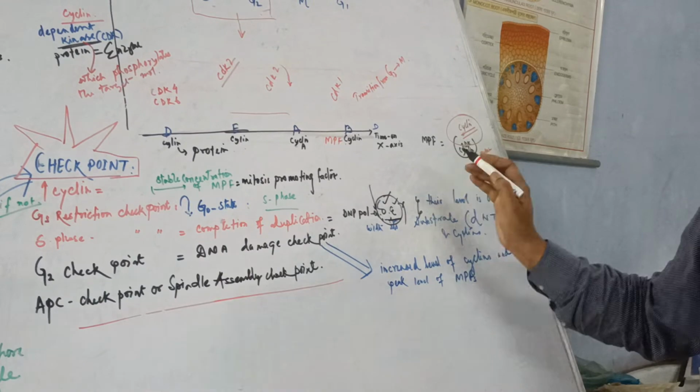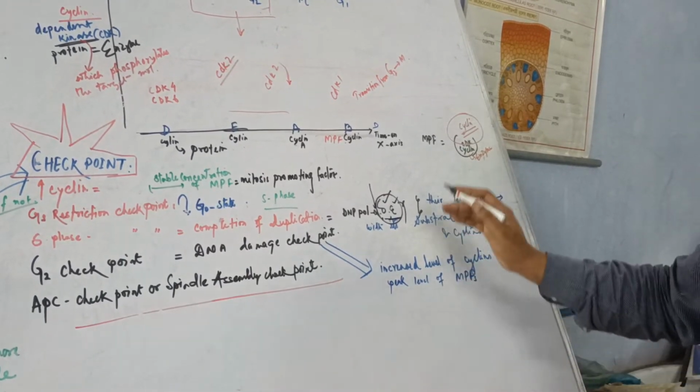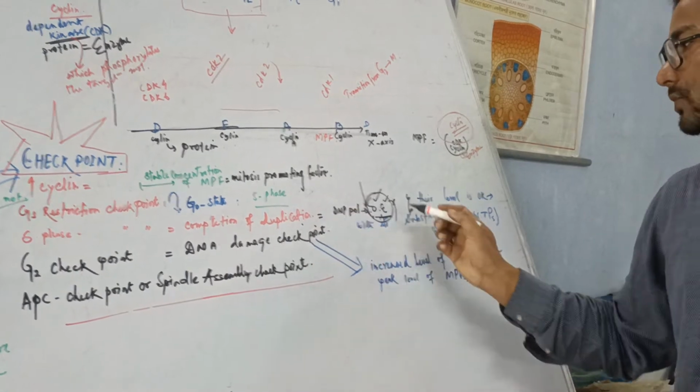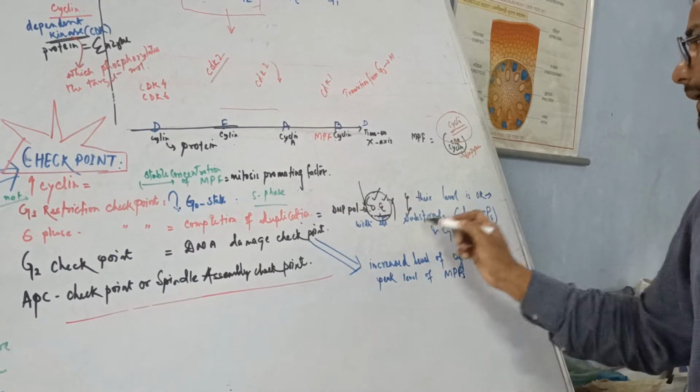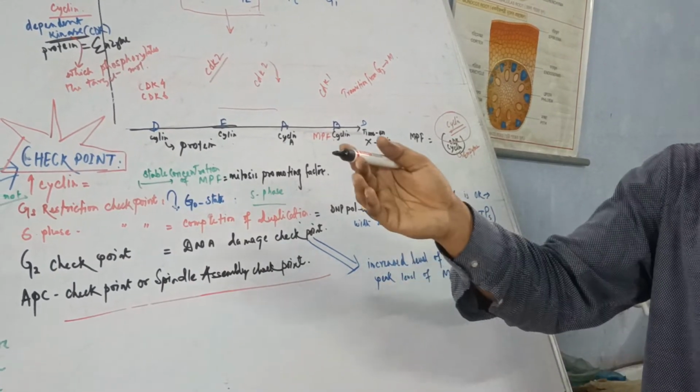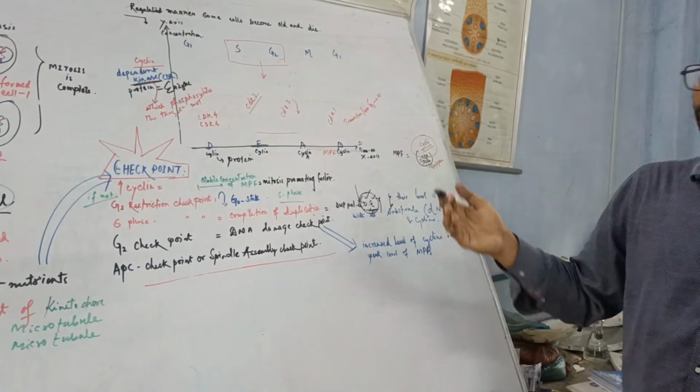I will discuss it in another video. But what is the completion of DNA duplication? These are the enzymes that are required to complete the DNA replication. As you have seen, 2C to 4C state.